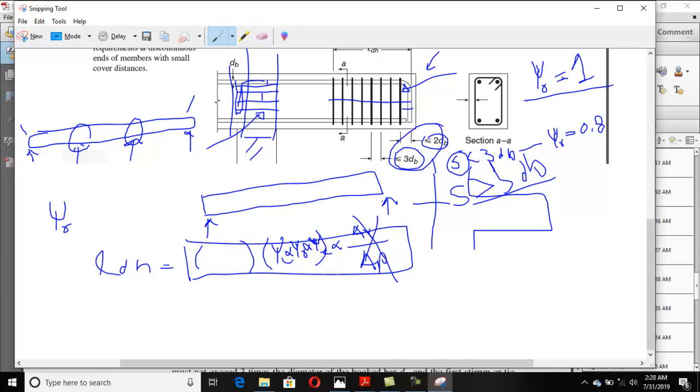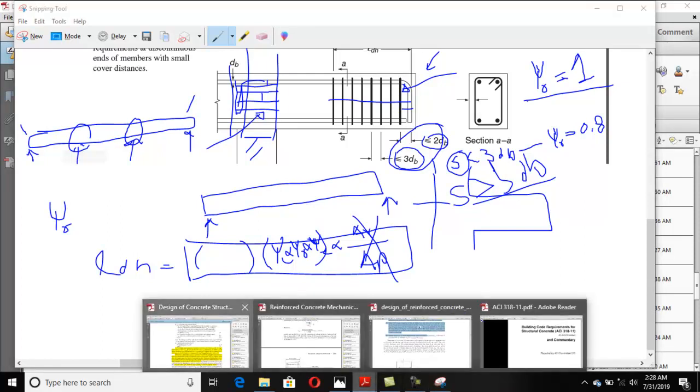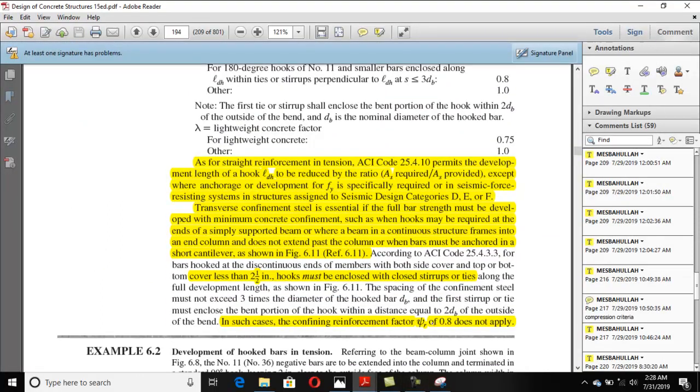This factor will not be multiplied. So this criteria must be clear. They are mentioned there.